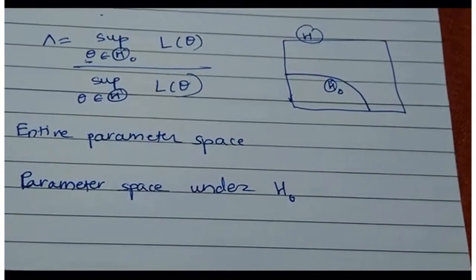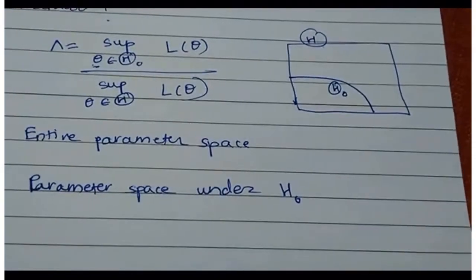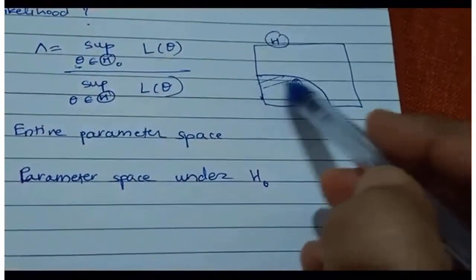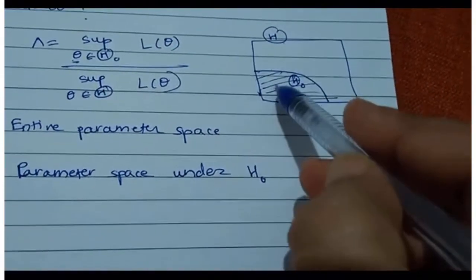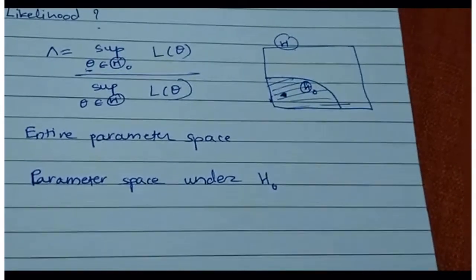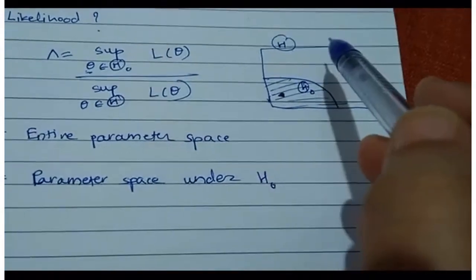So first we take the supremum over this smaller region. Suppose that supremum is here. Now we take the supremum over the entire region.